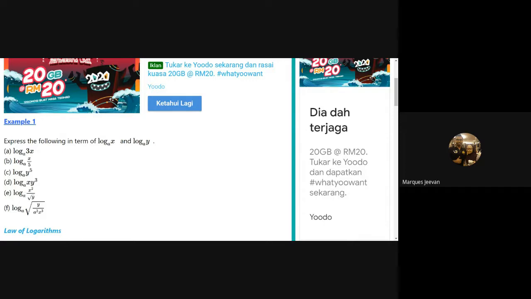Okay, let's do it together. I'm going to try and share my camera screen. Are you able to see the camera screen? Okay, now what we have here is log a of x squared over square root of y.